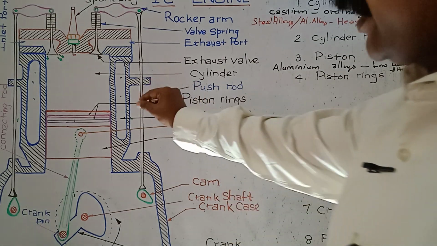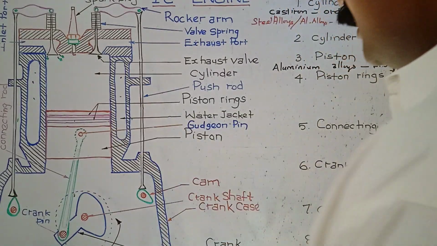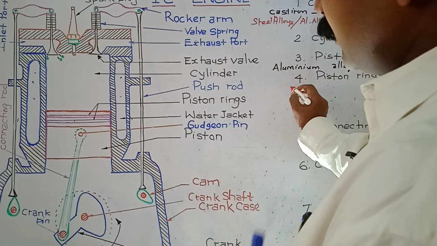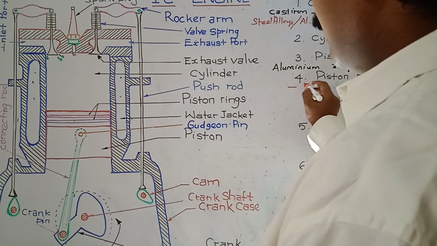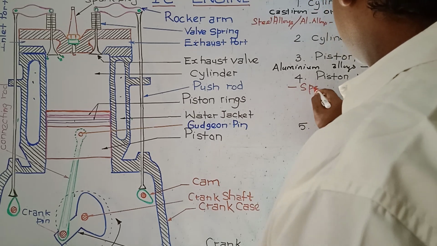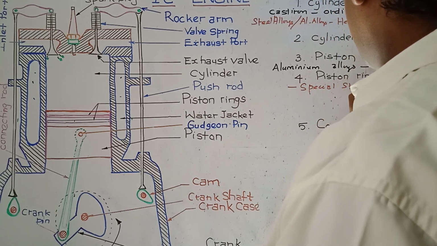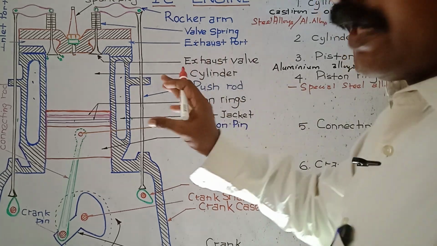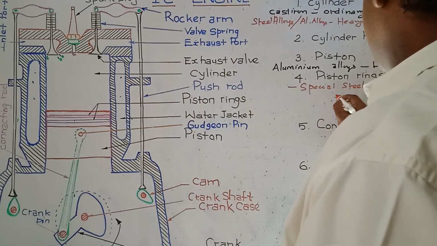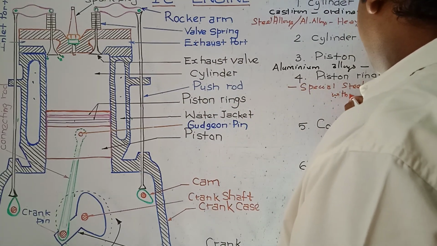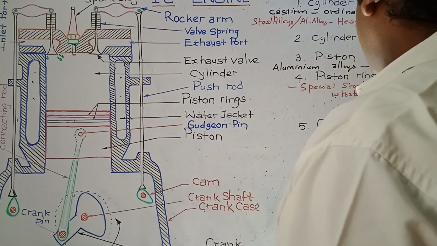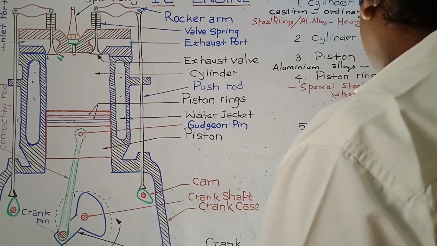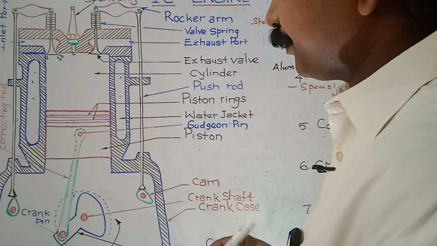The piston has two rings, an upper ring and a lower ring. These piston rings are made using special steel alloys to retain their elastic property during high temperature.